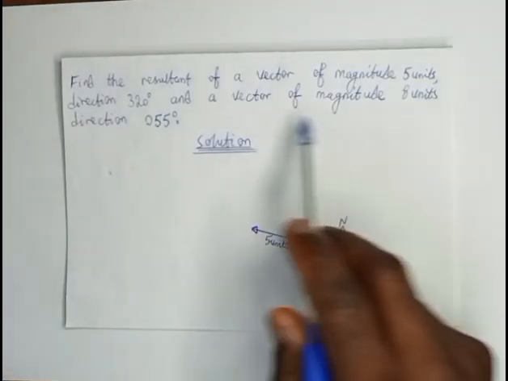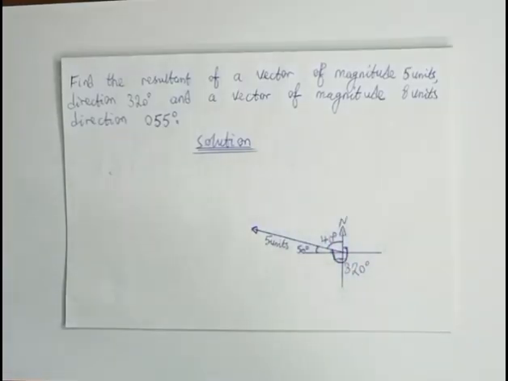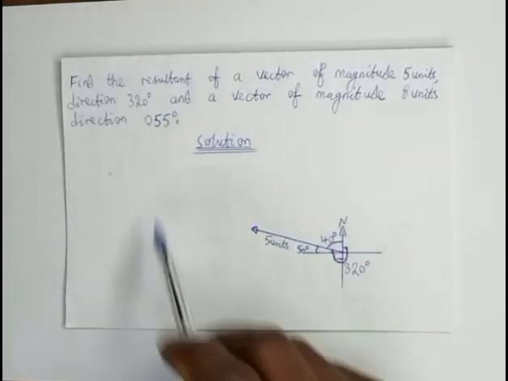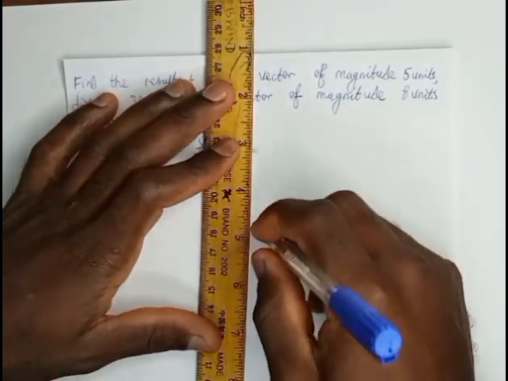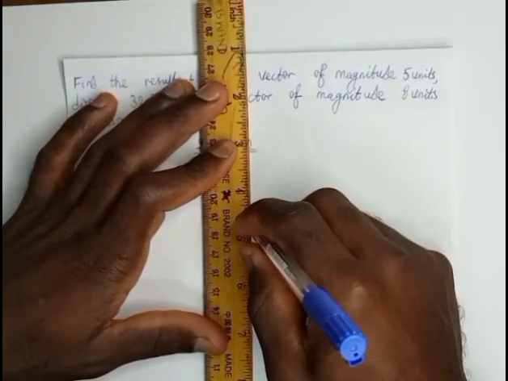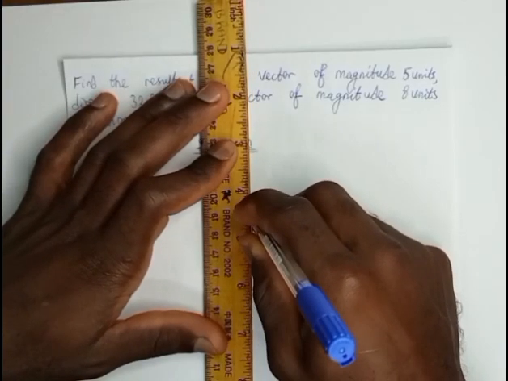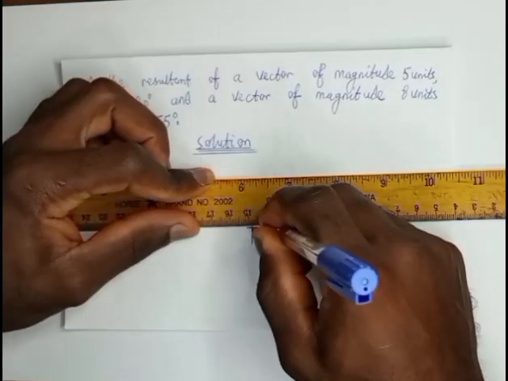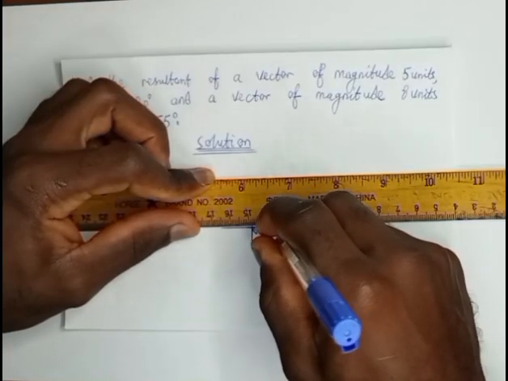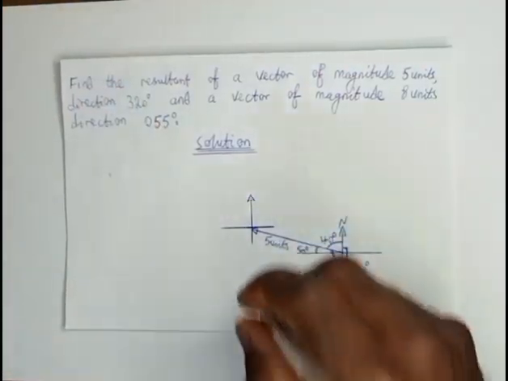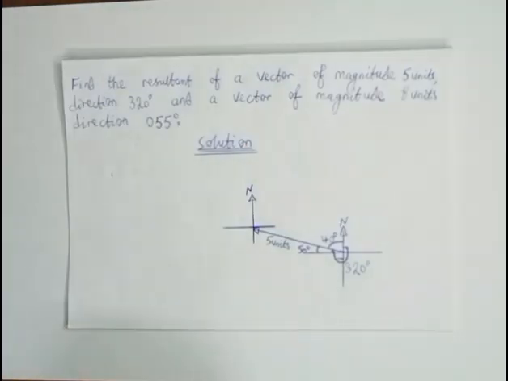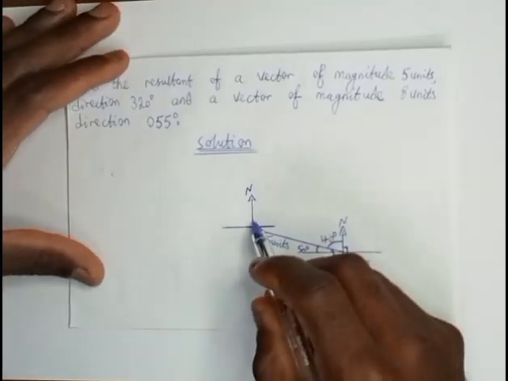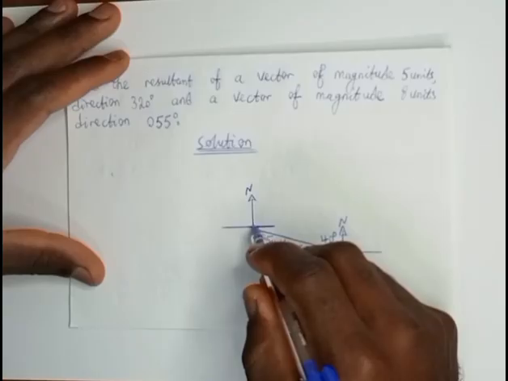The second vector is of magnitude 8 units in the direction of 055 degrees. Let's represent the second vector. Start by drawing our cardinal points. This is the north. 55 degrees lies in this quadrant from the north.